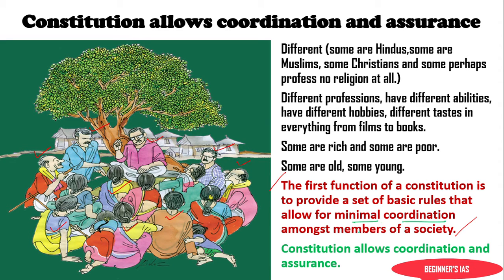To resolve conflicts, we need some set of rules. With those rules, one has to allow for a minimum coordination among the members, that is the group, that is a society. Therefore, the constitution allows coordination, and this is the first function of the constitution.